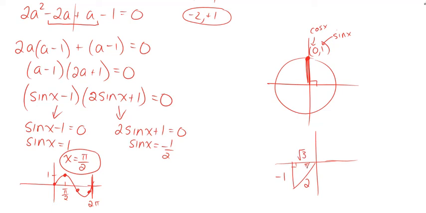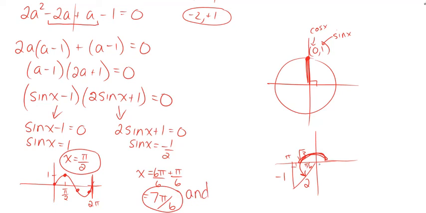So this angle must be pi over 6. If I had to solve that, I would say we're looking for this principal angle. So this value here is pi, and then we have to add on a pi over 6. So we've got a pi plus a pi over 6. We're at 6, so that would be 7 pi over 6.